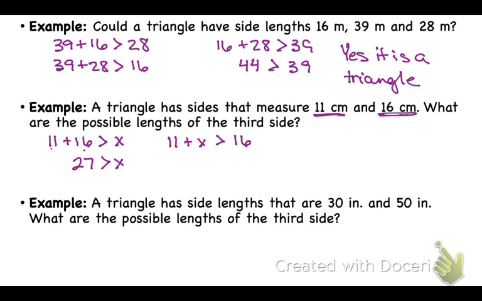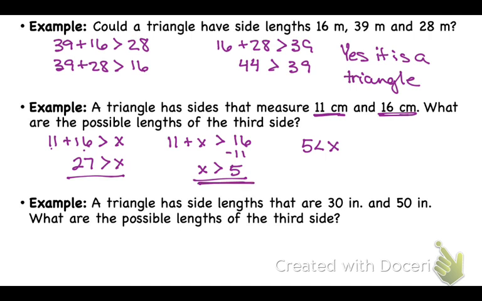So it has to be bigger than 16. So I would subtract 11 from both sides. So x has to be bigger than 5. So it has to be bigger than 5, but can't be bigger than 27. So what we do is we go 5 is less than x.